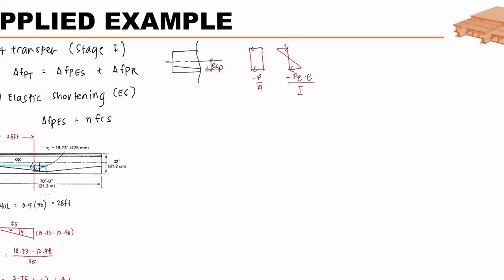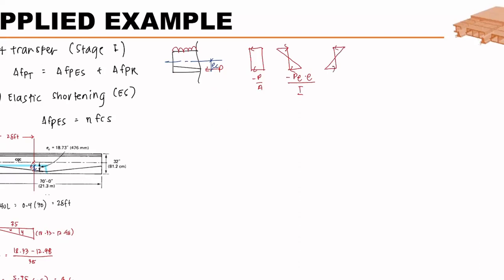Then, meron tayong load dito. Yung load natin na yan ay magko-cause ng positive bending. So, compressive yung taas, tensile yung baba.